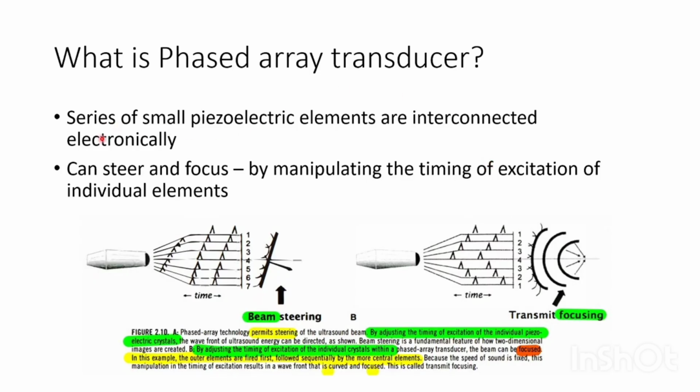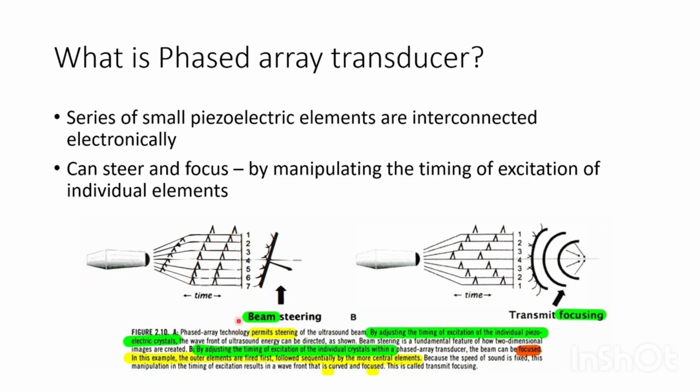Now, how does a phased array transducer work? This is beam steering, and this is beam focusing. How does it do that? These elements are fired here: when this one is fired first, then after a lag of time this one is fired, and so on sequentially, so that the wavefront is steered.